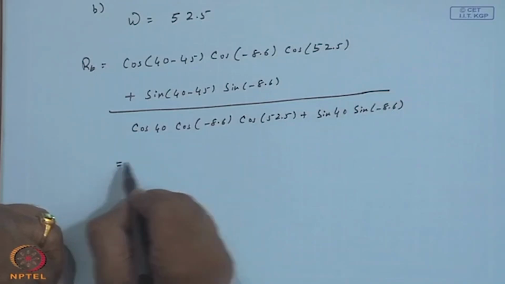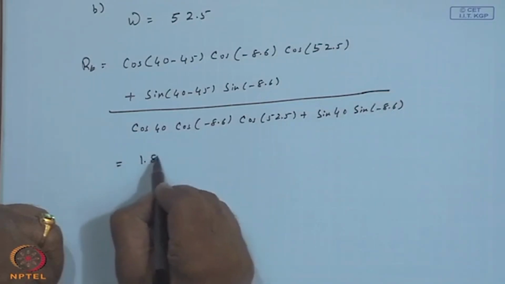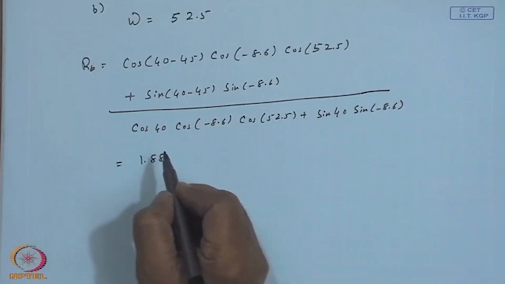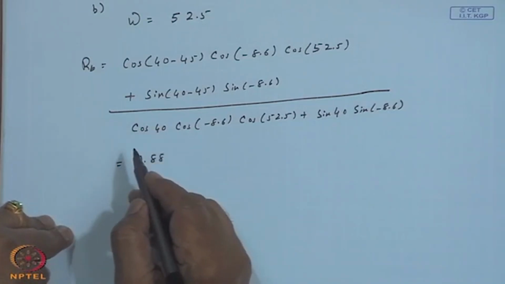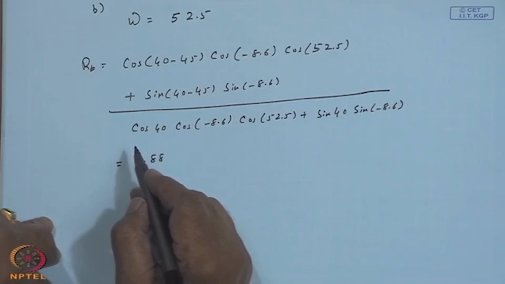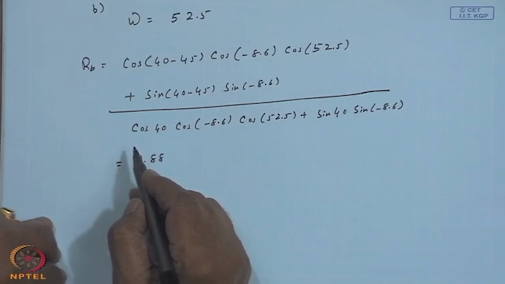This is 1.88. So, the RB factor is pretty high at this omega equal to 52.5.